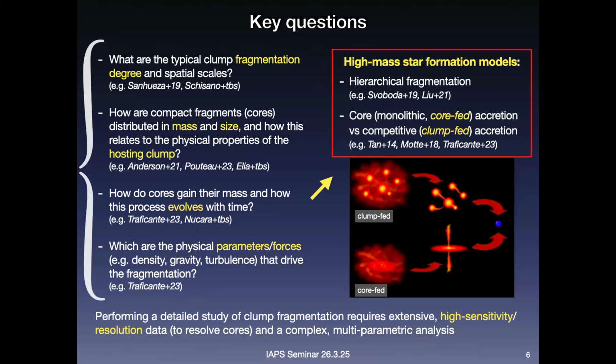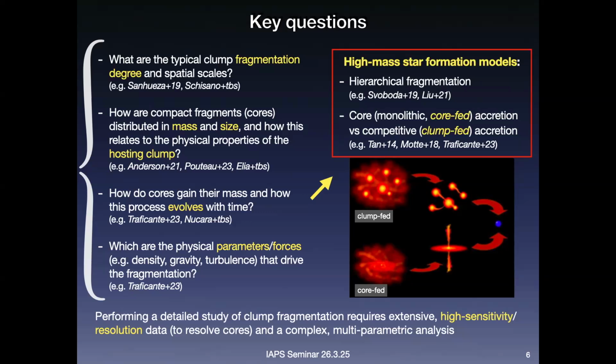Trying to address these questions can help us compare and shed light on the more debated mass transformation models that were recently or less recently proposed. For example, hierarchical fragmentation, which basically describes the multi-scale framework of star formation, so how the fragmentation and the massive star formation goes from one spatial scale to the other in a more dynamical and multi-scale framework.